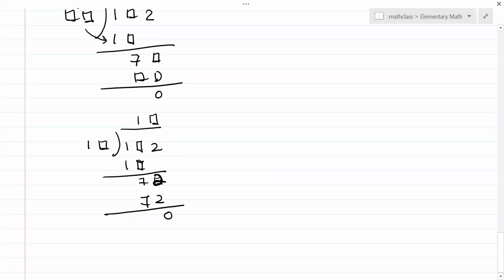This is a puzzle, right? All right, so the key point is this number, okay?